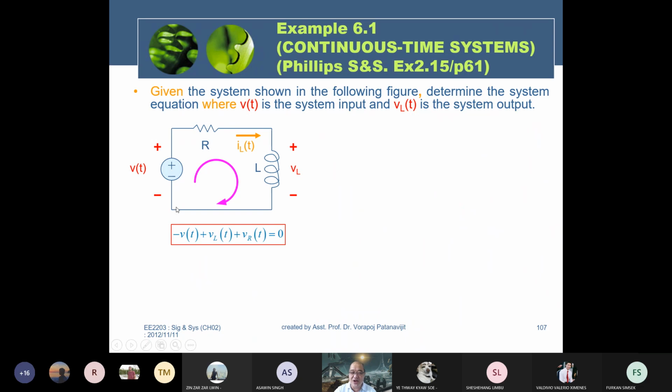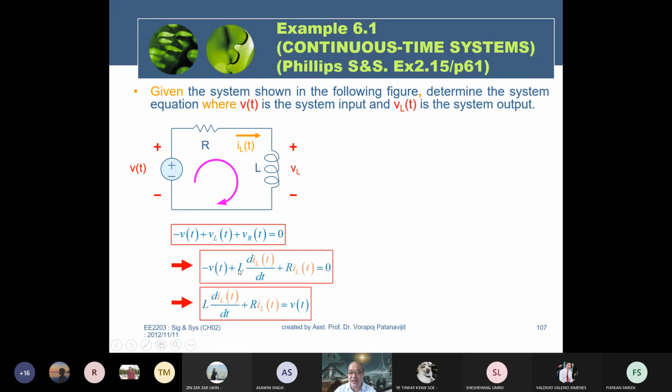First, minus V, plus VR, because the current flows in here, plus VL, equals 0. You substitute everything in terms of the current. V input is fixed.